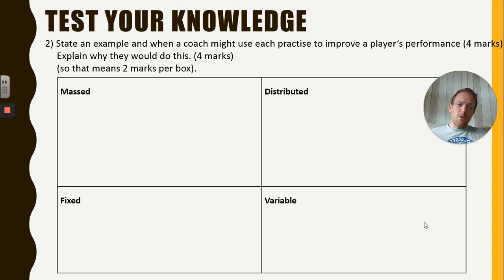I don't want you to use football because we've just used that. Basketball, I'll let you use gymnastics if you want because that plays into this quite a lot, but no basketball, no football. And then I want you to explain why they would do this too.